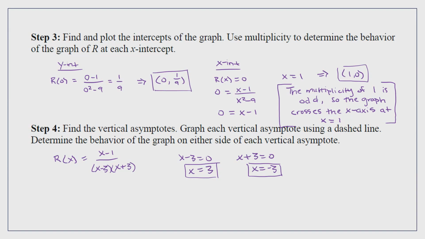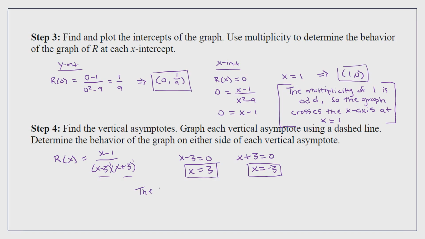The multiplicity of both of these zeros that give rise to the vertical asymptotes are both odd. If we look at their factors, their powers are 1, so they have an odd multiplicity. Since there's an odd multiplicity, the graph approaches infinity on one side and negative infinity on the other. So let's write that out.